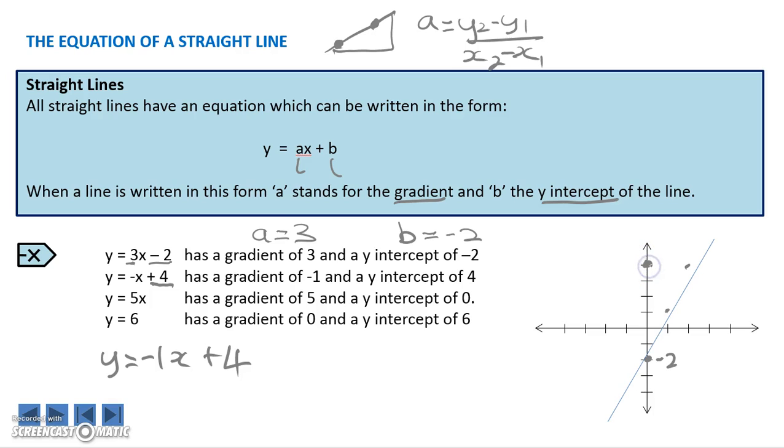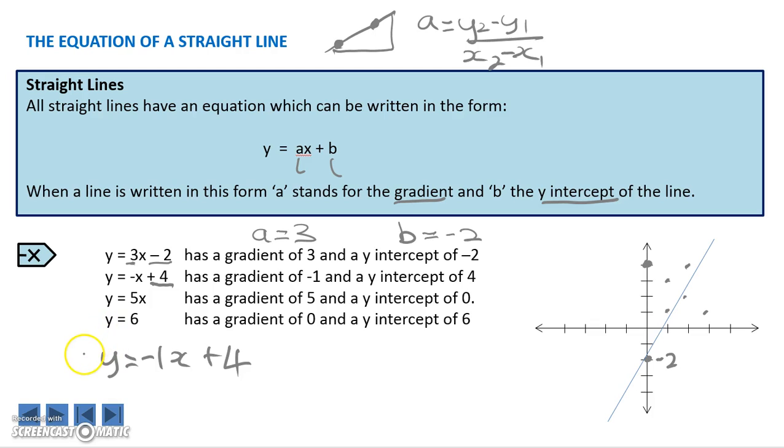So it would cross about here if we were to draw it, and as we go across 1, it's going to go down 1 unit, across 1 from that point, down a unit. So you can start to see what the slope of the line looks like, and if you drew it in, it would look across like that.